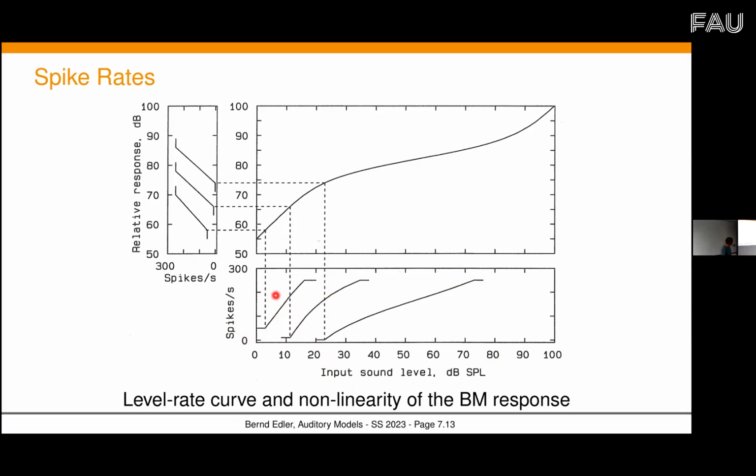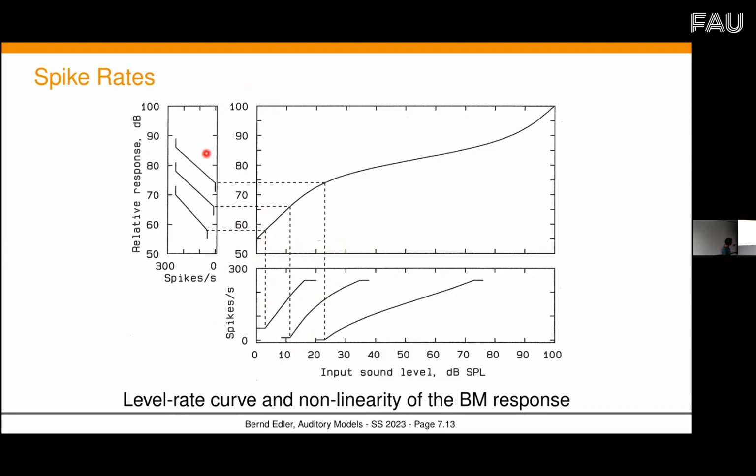But to show the ranges of sound pressure levels where the different neurons are relevant, in the first range, up to somewhere between 10 and 20 dB, the high spontaneous rate neurons would be relevant with their firing rate. Then, of course, the total firing rate would be the sum of those, and we see here how the firing rate would change.